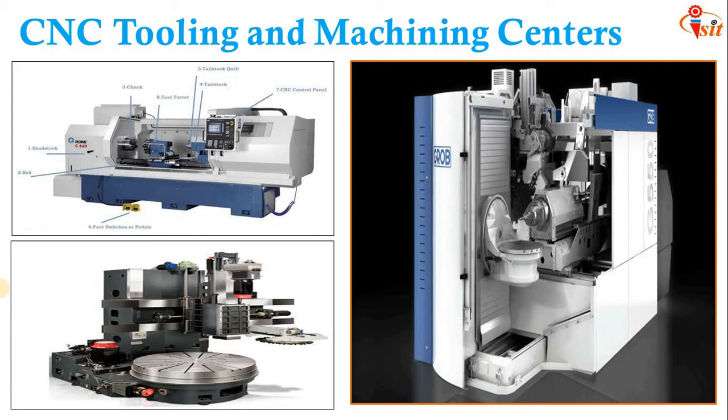But if we take an example, we want to make a hole of 20 mm diameter on the workpiece at different locations, then we can do the operations by using a conventional CNC, and for a different number of parts.